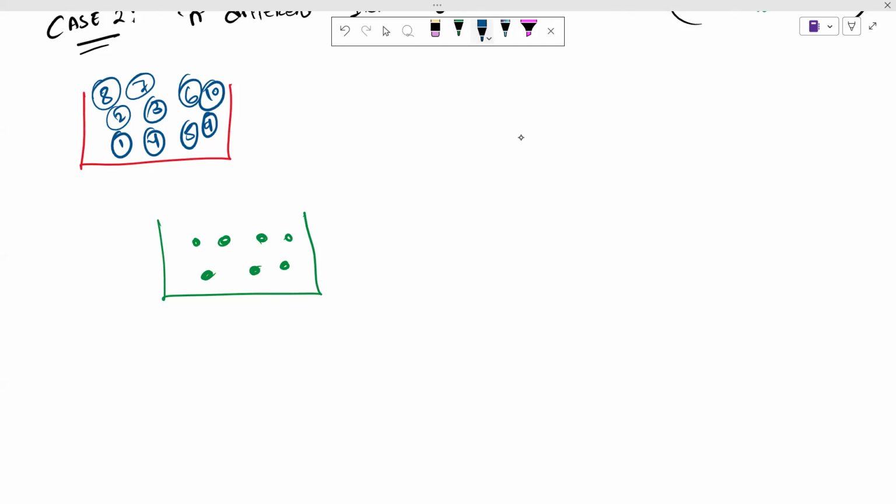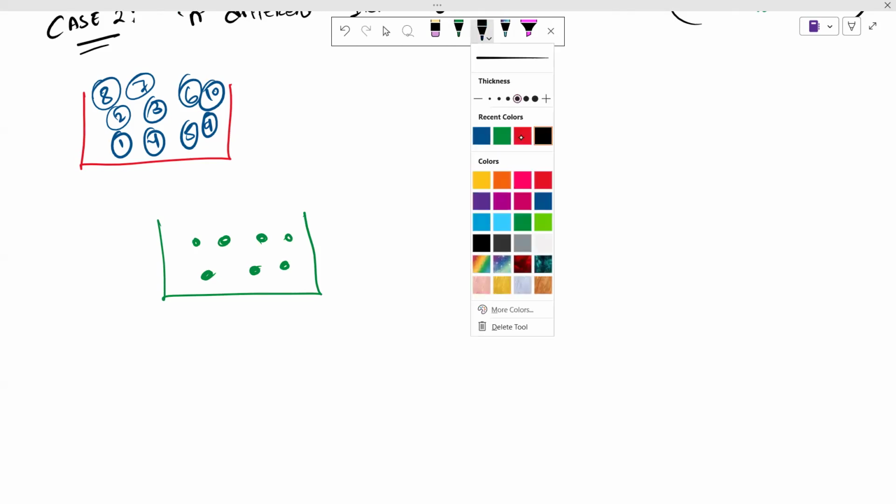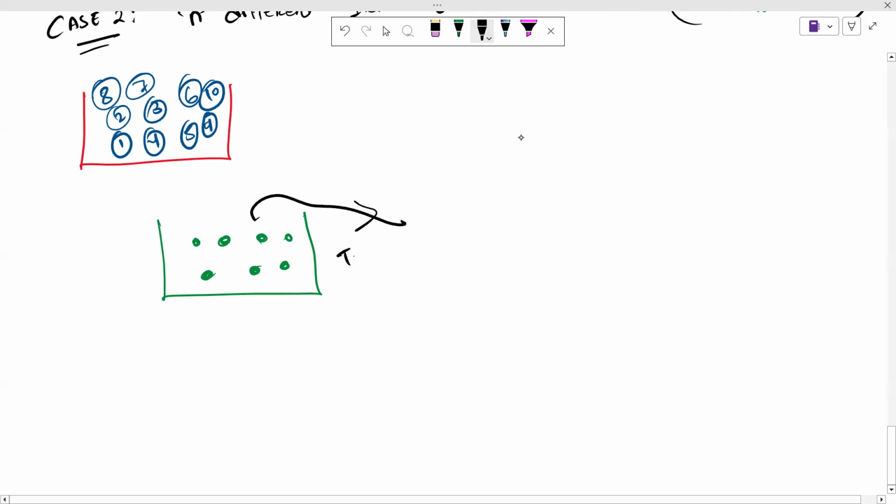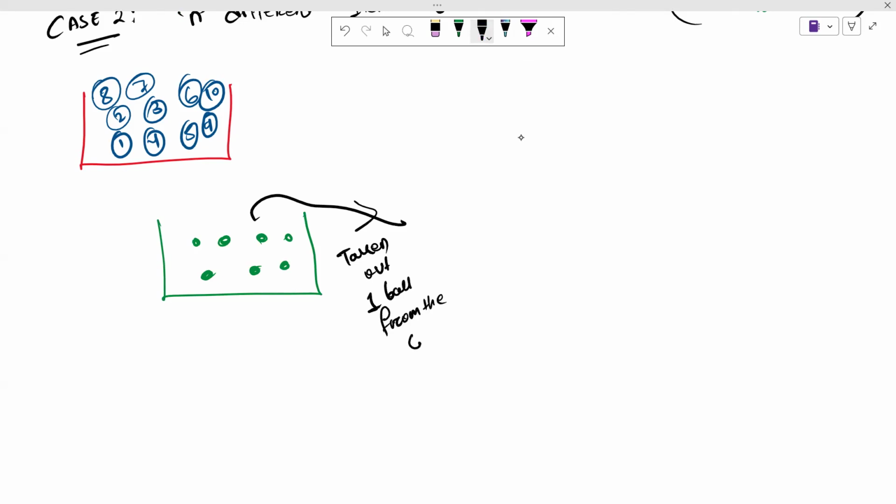Now from these 7 balls, I pick out one ball from the box. If we pick out one ball from the box, this ball will never be dropped back inside the box. Again, it will never be dropped. It means what?